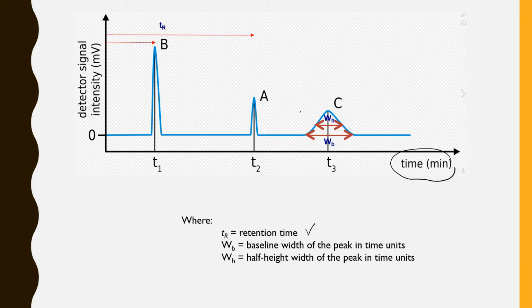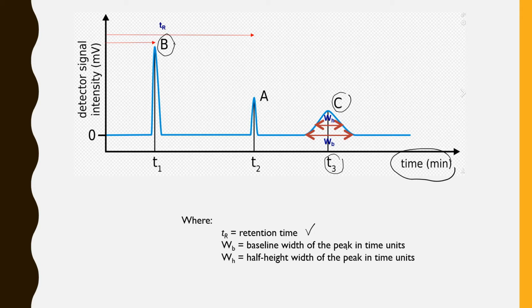When you have this chromatogram, you know that compound C, having more retention time, is retained more in the stationary phase as compared to, for example, compound B. Compound B is less retained in the stationary phase, so that's why it comes out first, and is detected, eluted first.